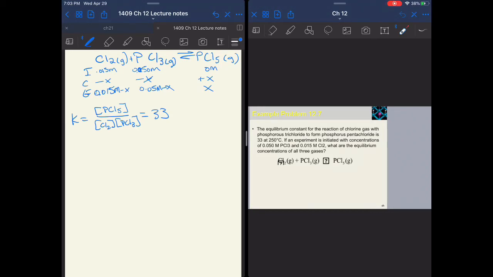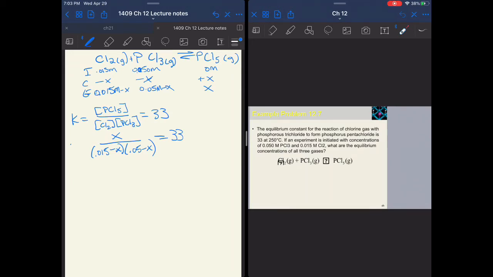So now, same as we did in the last problem, we're just going to fill those in. I'm going to keep this on the same side I did in my notes, since the math's a little bit trickier on this one. We've got x on top. We have 0.015 minus x times 0.05 minus x on the bottom, and all of that equals 33.